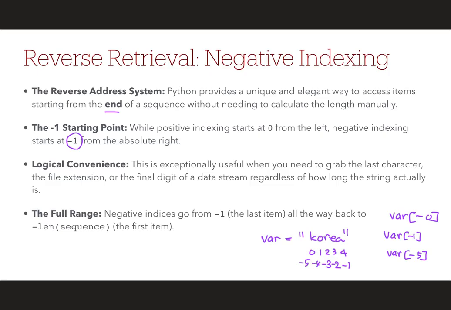And since -0 equals 0, var[-0] will give you the letter K. That's why in the case of negative indexing, the index number starts with -1. Even though -0 is allowed, this -0 will be the same as just 0. So that's how negative indexing works.